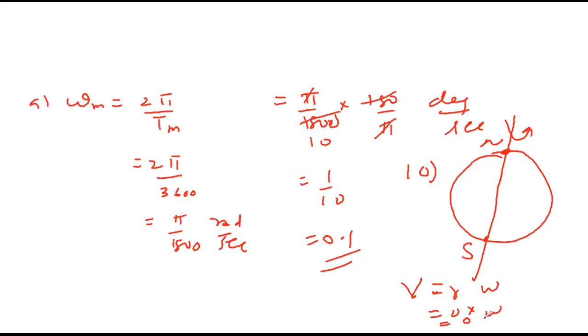Eleven. A particle covers equal distance around a circular path in equal intervals of time. Which of the following quantities connected with the motion of the particle remains constant with time? Equal distance in equal time means what?